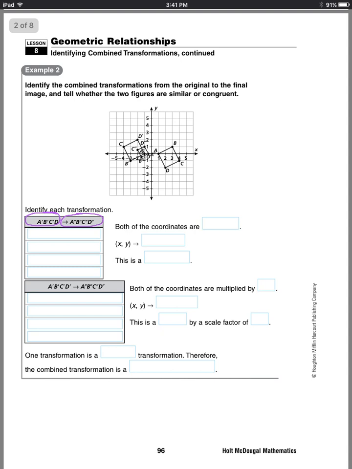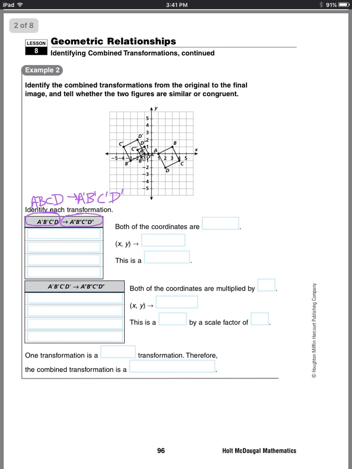So, they messed up. This should be A, B, C, D, and this should be A prime, B prime, C prime, D prime. Alright? So they messed that up, so hopefully you fix that.